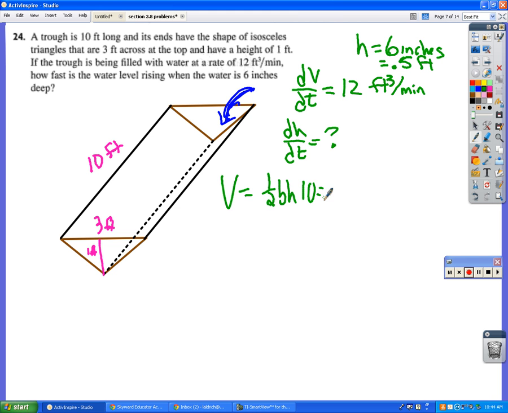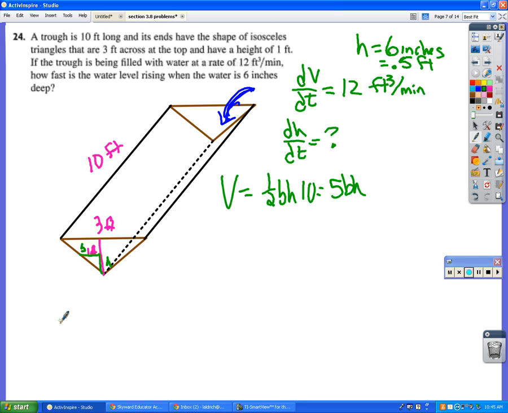So that's going to come out to be 5 times the base times the height. But we are once again in one of those situations where we have too many variables here. So we need to use similar triangles to figure out the relationship between the height of the water at any point and the base.